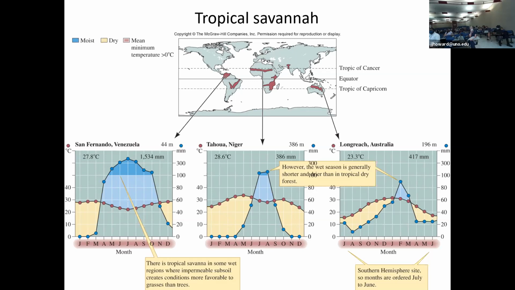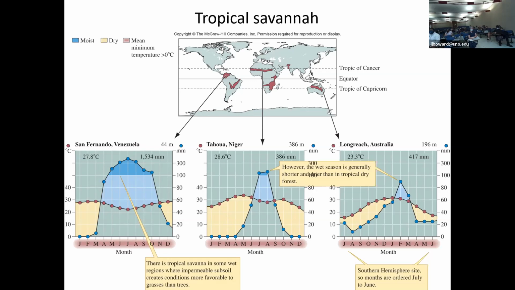On the left, you see something that should be a forest, but is in fact a savanna. This is Venezuela. And you see that it's got plenty of rainfall. It's got a shorter dry season. Why is it a savanna rather than a forest? Because there's an impermeable layer in the soil that prevents drainage. So basically you have a flooded forest. Basically you have a seasonal marsh.